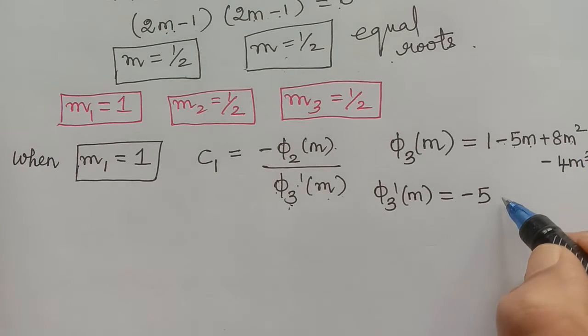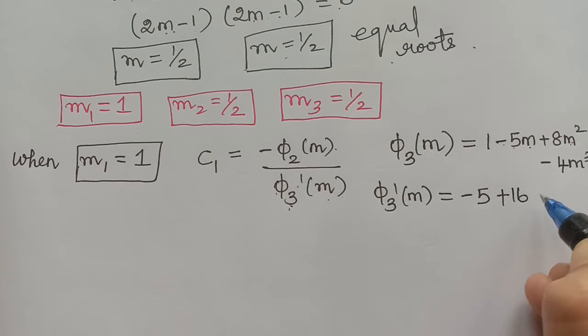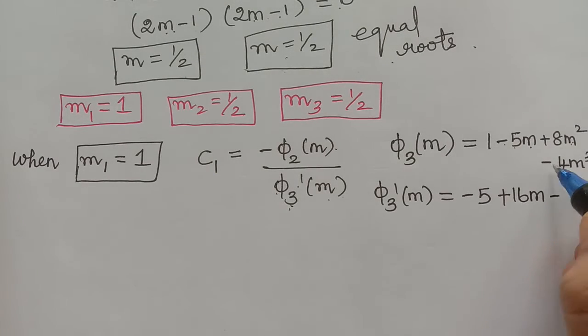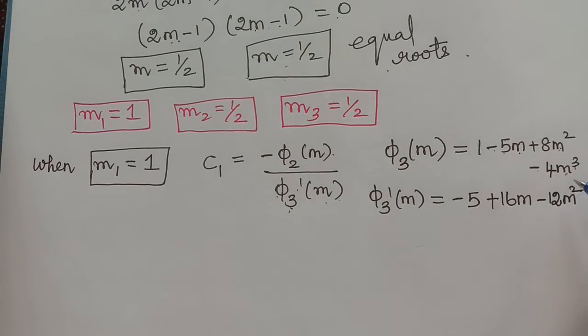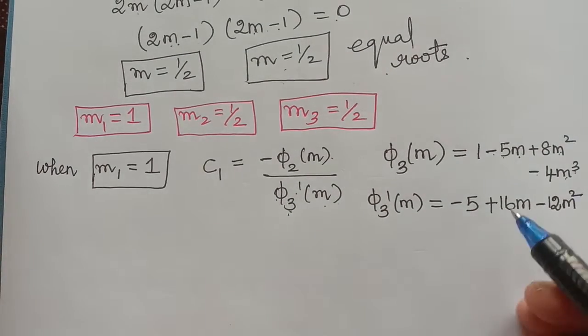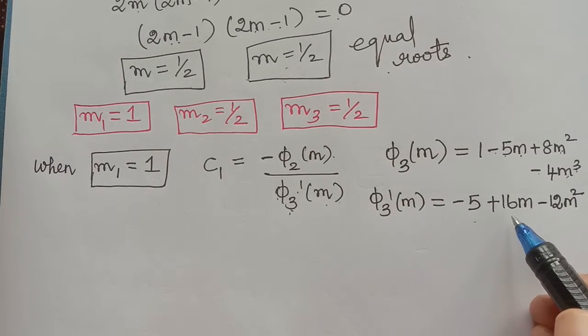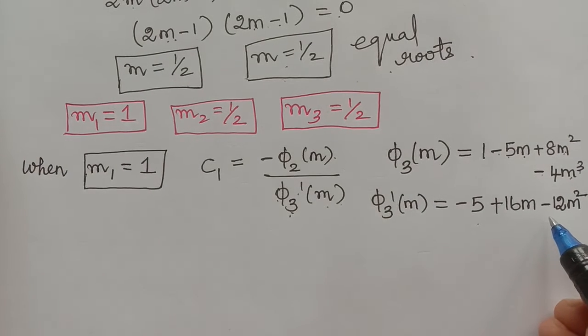So 8 2 times will be 16 and so we will be having 16m. Minus, here we have m cube and its differentiation is 3m square. So 4 3 times is 12. So 12m square. So we have phi 3 dash of m to be equal to minus 5 plus 16m minus 12m square.